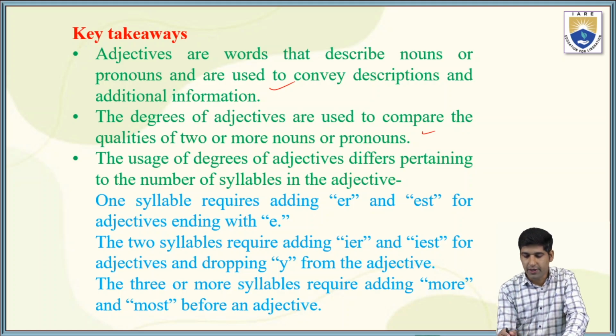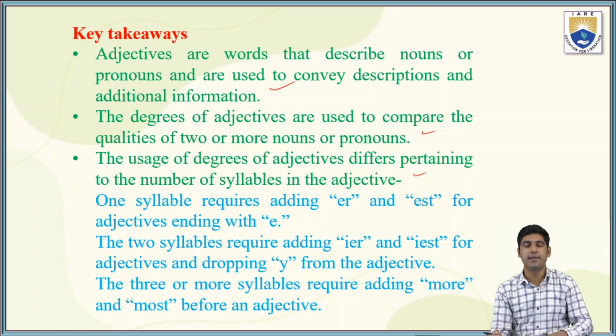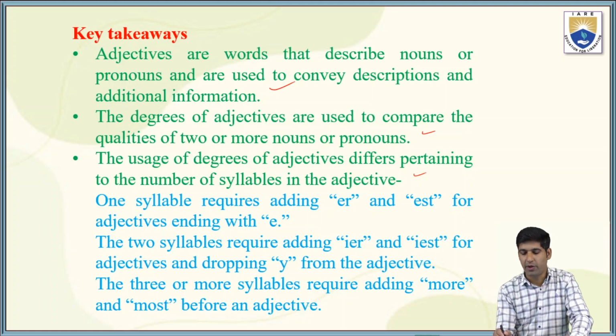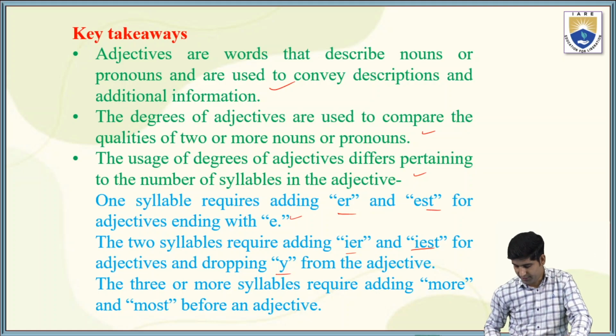The usage of degrees depends upon the number of syllables in the adjective. One syllable requires adding -er or -est, two syllables ending with Y require -ier or -iest, and three or more syllables require adding more and most before the adjective.